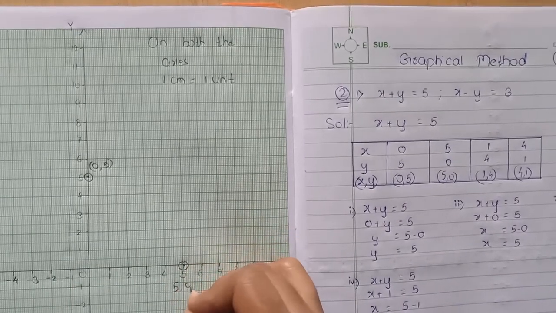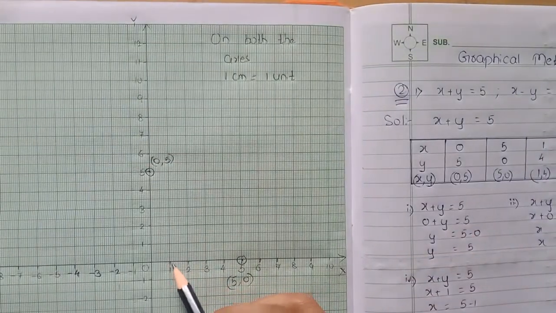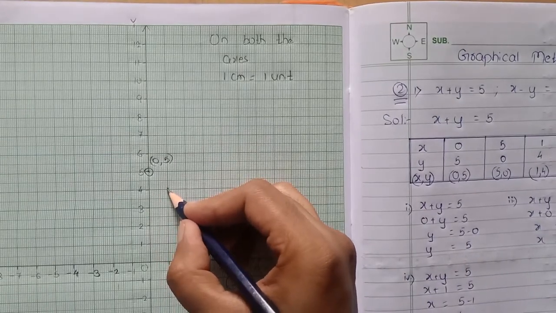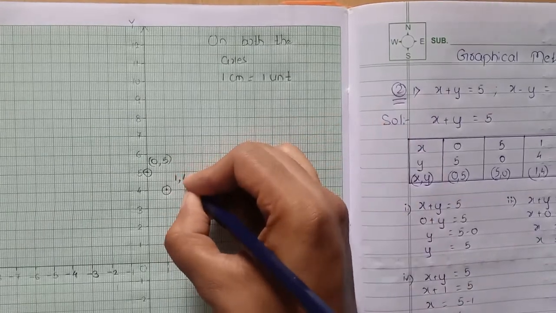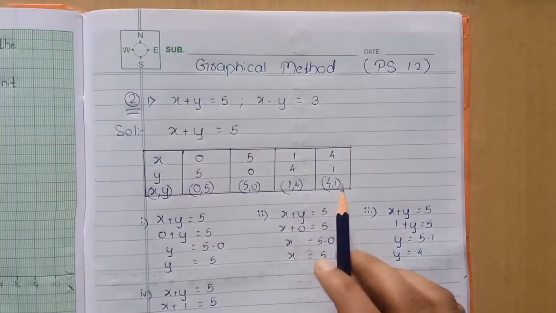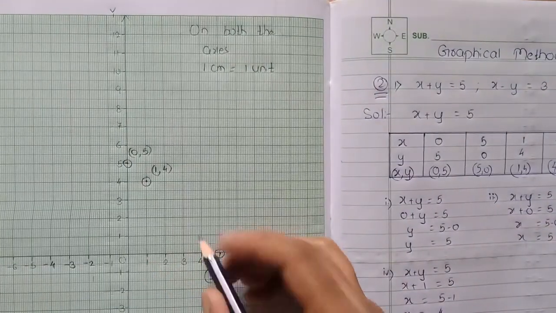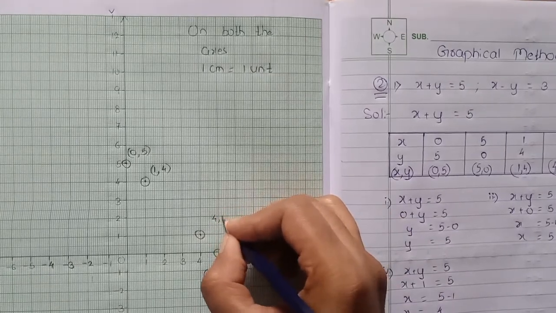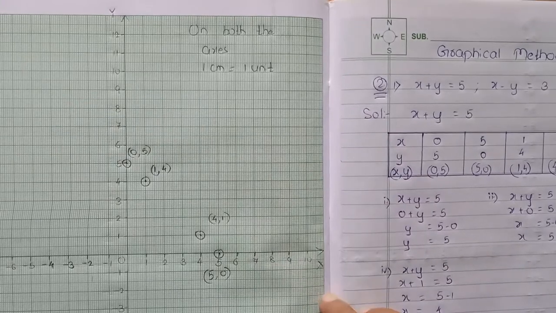Name it 5, 0. The next point is 1, 4. 1 is of x and 4 is of y. Name it 1, 4. The last point is 4, 1. 4 is of x and 1 is of y, so it will appear here. Name it 4, 1. Draw a line passing through these points.